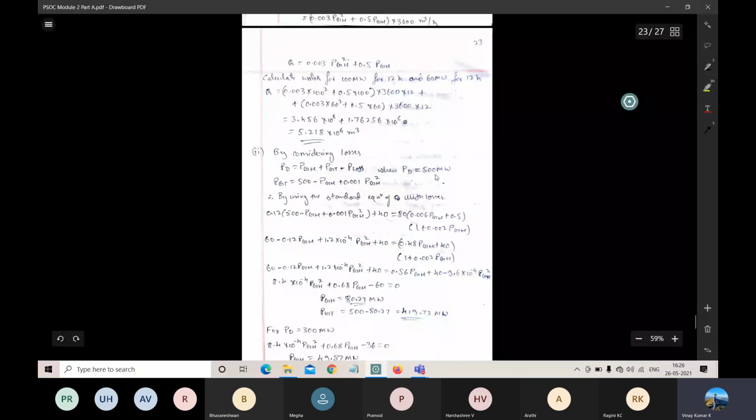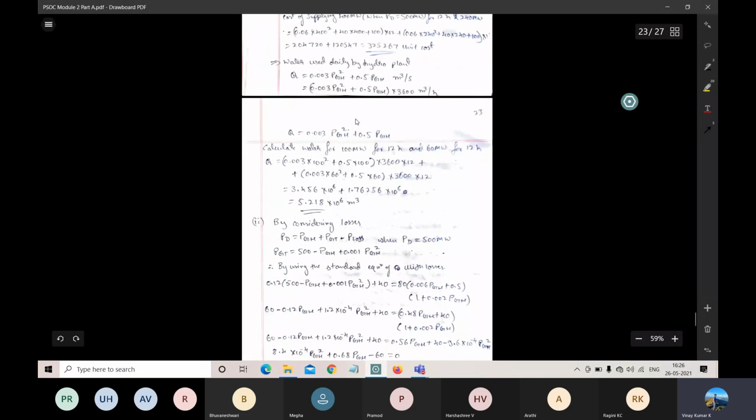Now compare the answers, that is without losses and with losses. What is the difference? First go for the units. Total units will be 325,266 units. This is without losses. Look at here, 341,122. This is with losses. The difference is the conclusion.